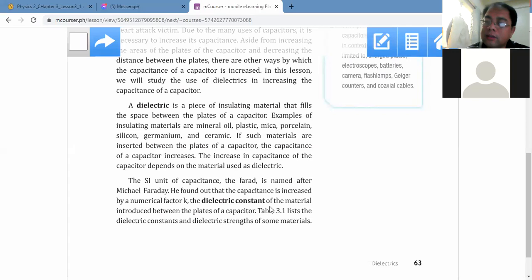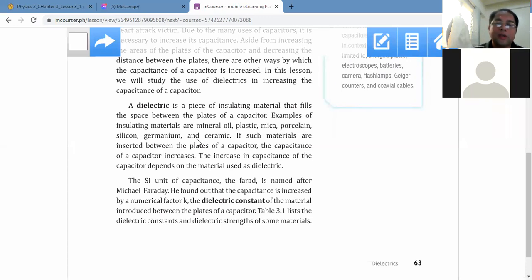The air there can serve as an insulating material, but if you put in another solid insulating material, they discovered that they can improve the capacitance value of a parallel plate capacitor.